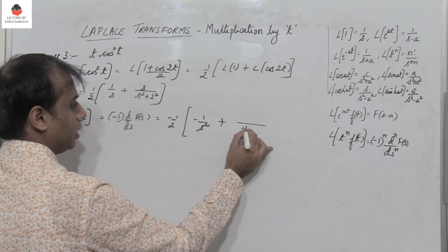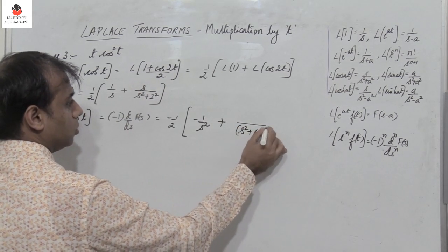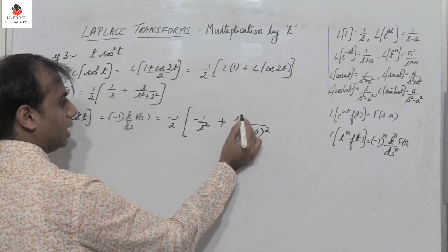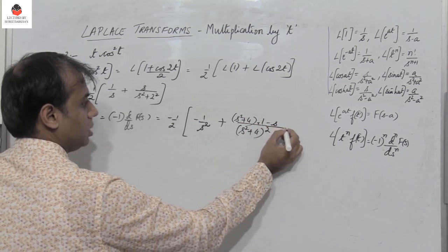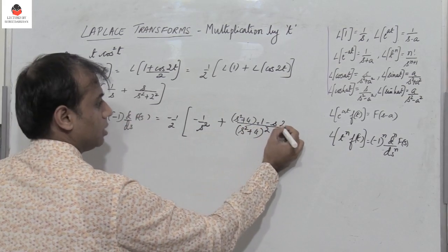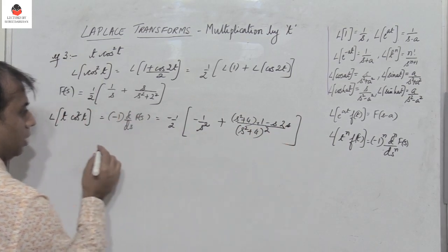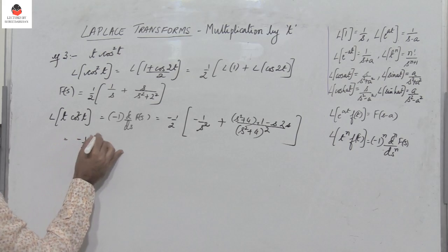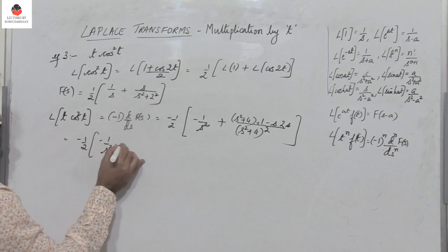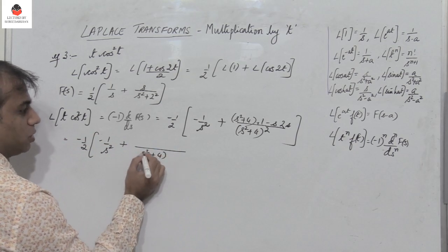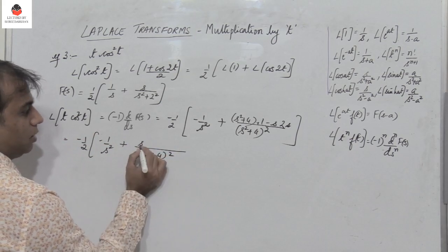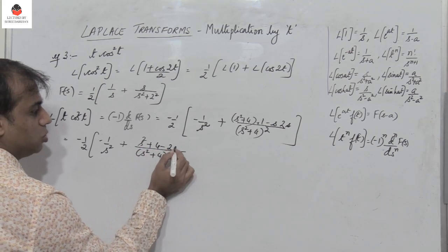So you have s square plus 4 the whole square, denominator, into differential of numerator is 1 minus s into differential of denominator is 2s. So we have minus 1 by 2 minus 1 by s square plus denominator is s square plus 4 the whole square. You have s square plus 4 minus 2s square.